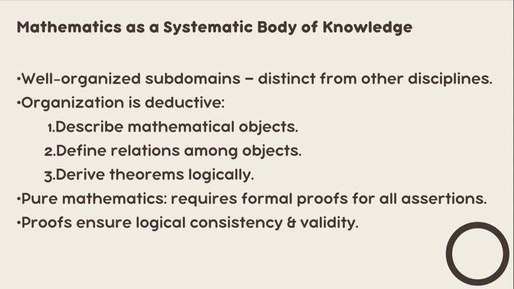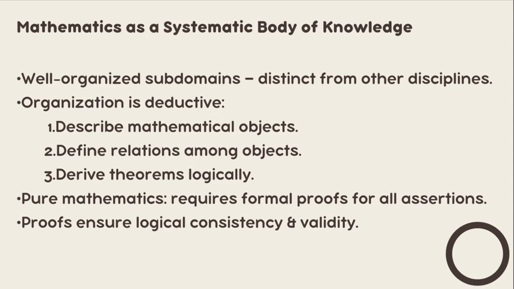The formal organization of mathematical knowledge in both academic textbooks and professional journals is essentially deductive. It begins with mathematical objects, number one, and their descriptions. It is followed by the definitions of relations among objects, and lastly, it is the collection of assertions, what we call theorems, that logically follow from one another.